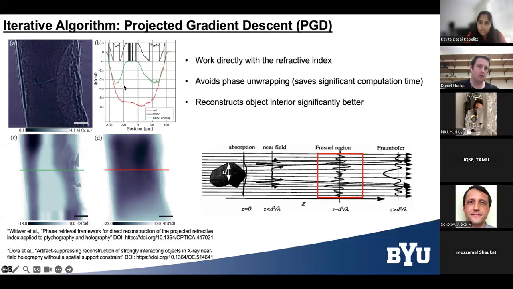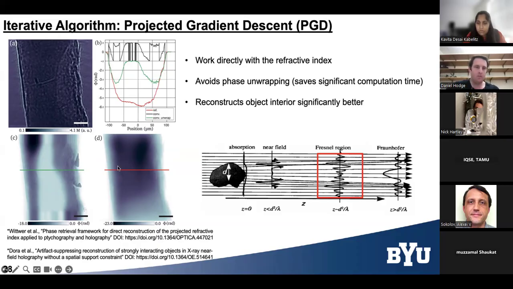Basically, if you were to just do phase retrieval like normal, if you have something that's super dense, you have a very large phase range. It gets trapped, like you see in B, in this negative pi to pi because it's e to the i phi. But if you were to do some phase unwrapping, which is computationally expensive, it still kind of fails reconstructing the interior of this magnesium wire object. But with their particular algorithm, they can reconstruct the interior of their object very successfully.